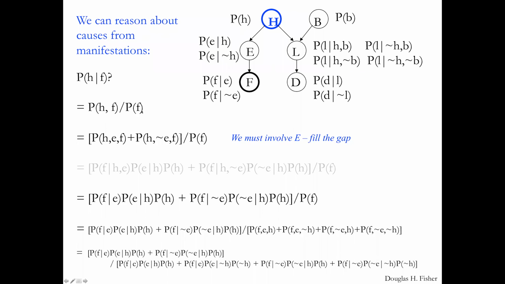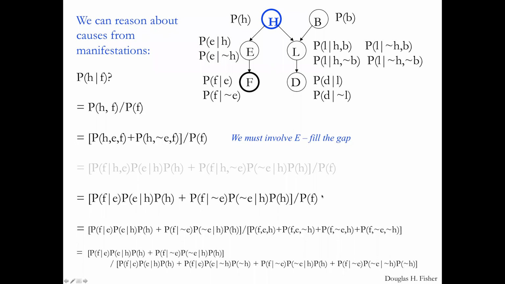H and F, I would seek to fill the gap here with the E variable. And this would be a sum involving both possible values of E. I could rewrite those quite easily because I now have all those variables in terms of only probabilities that are found in the probability tables.